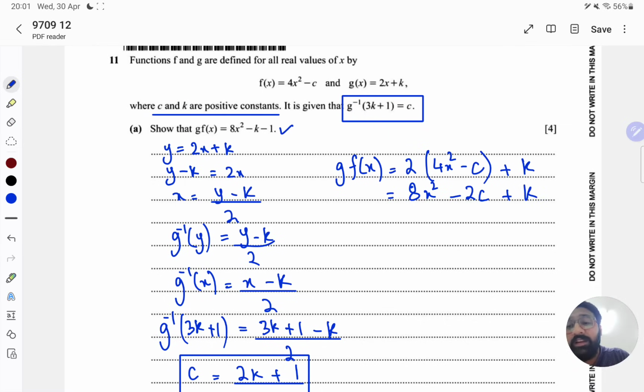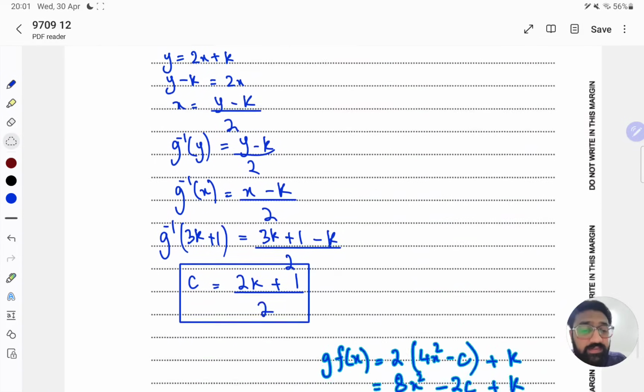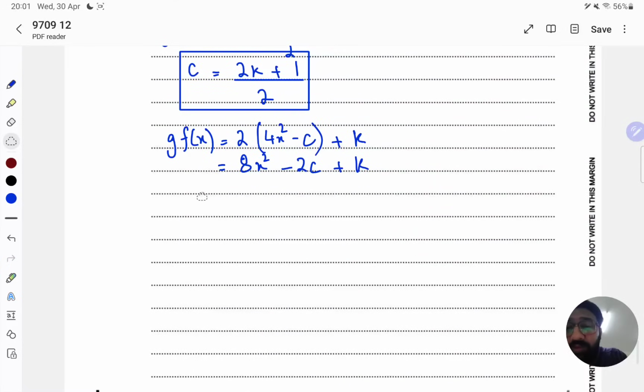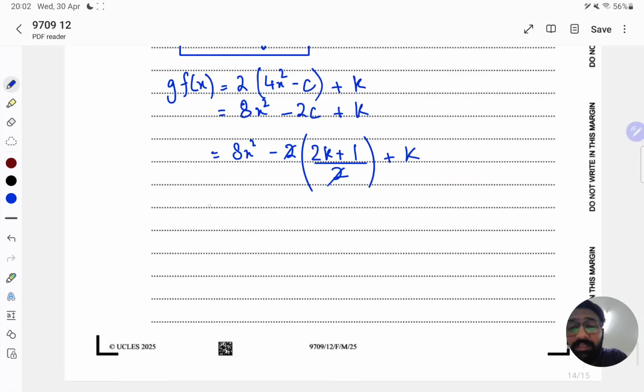We will replace this c with the existing value of c that we just found out in the previous part. So it will become 8x square minus 2 bracket 2k plus 1 divided by 2 plus k. 2 and 2 will cancel out.